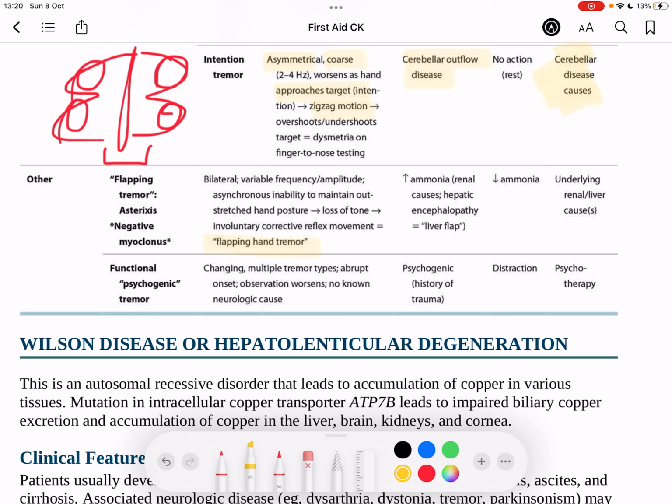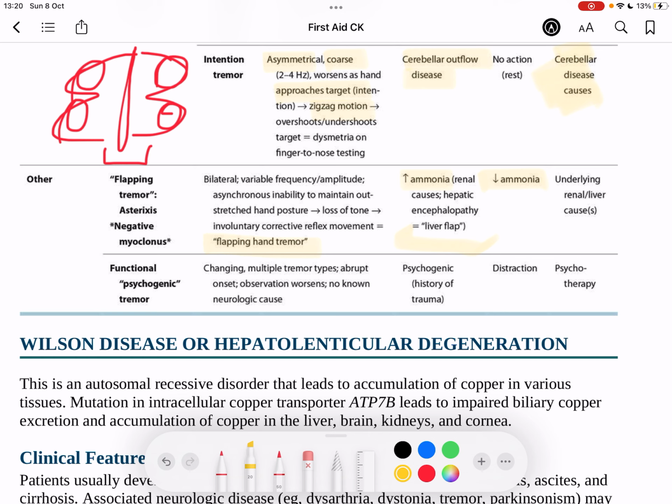And this is also called an asterixis, and it's associated with an elevated level of ammonia, usually seen in hepatic encephalopathy. And it's also referred to as the liver flap. The treatment will be to decrease ammonia, and if you remember from GI, we discussed this. We give lactulose and rifampin, and that can help alleviate the asterixis as well.